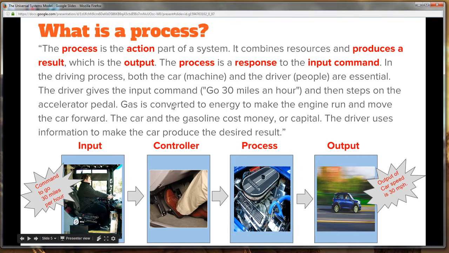The driver gives the input command to go 30 miles an hour and then steps on the accelerator pedal. This is converted to energy to make the engine run and move the car forward. The car and the engine cost money or capital. The driver uses the information to make the car produce the desired result.